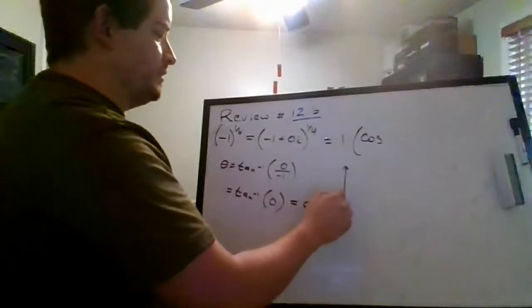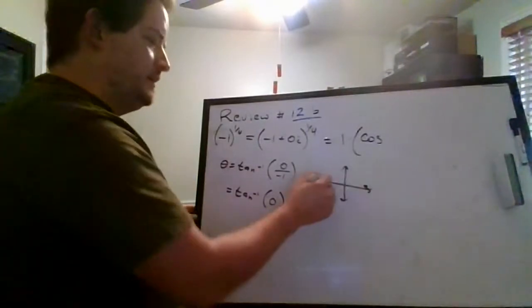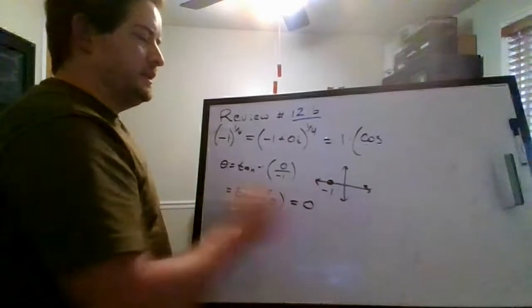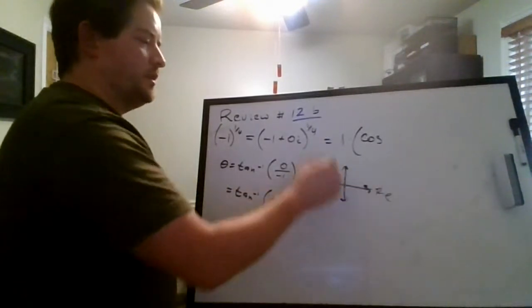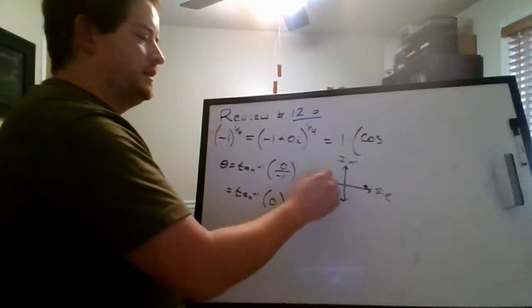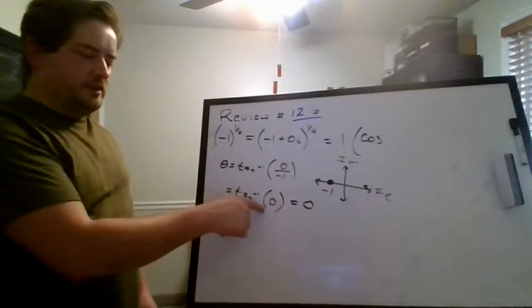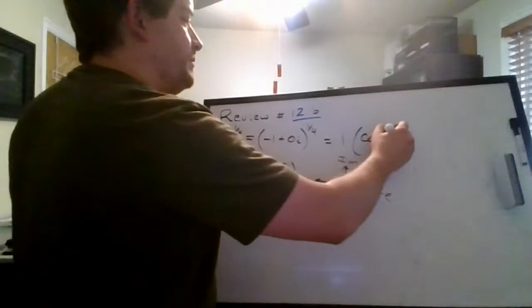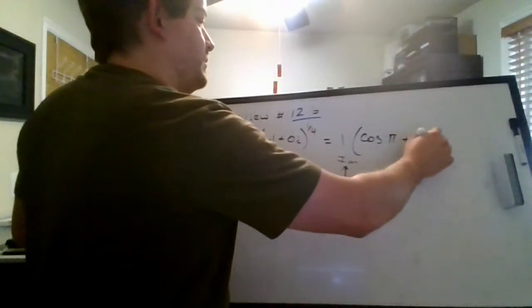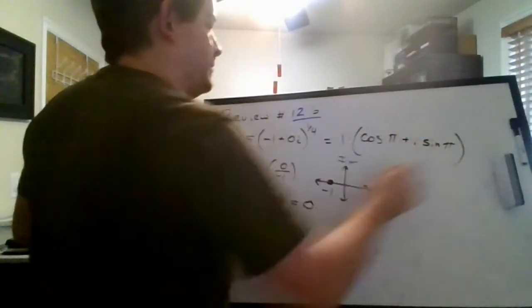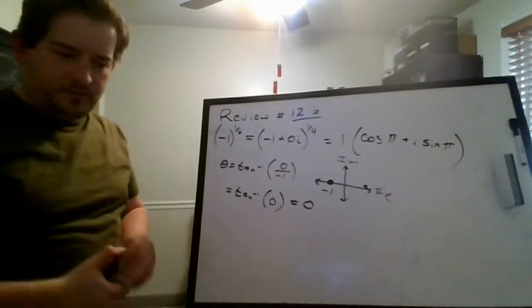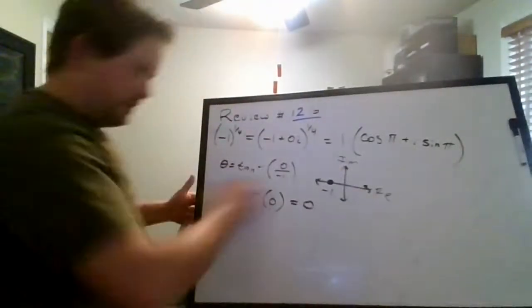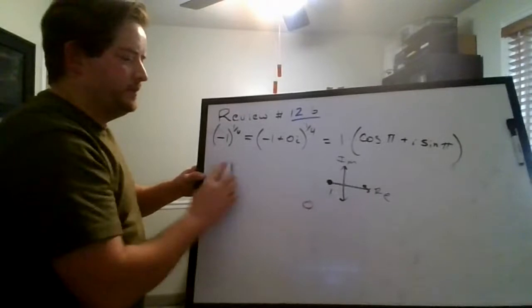If we plot that on a complex plane, negative 1 is here, where I've got my real and my imaginary. Obviously, I have to add 180 degrees in order to make this correct, so my angle is pi. Get rid of this because I'll need the room in a minute.